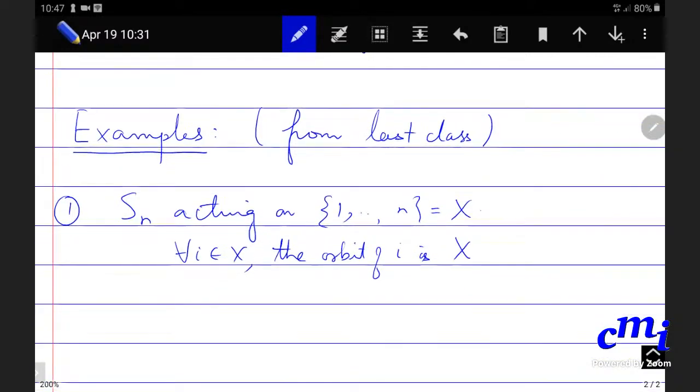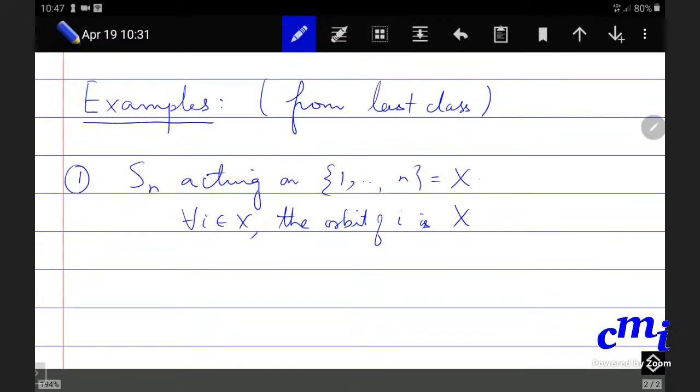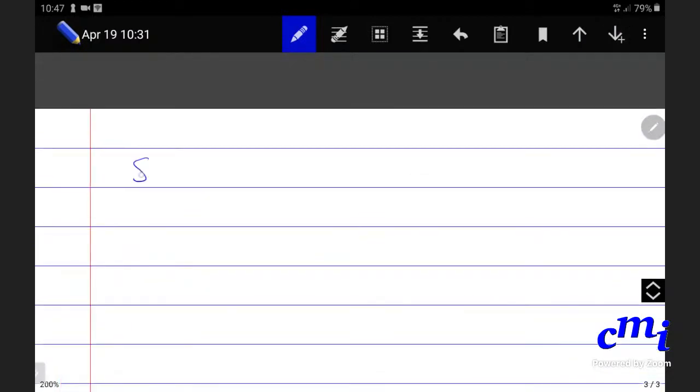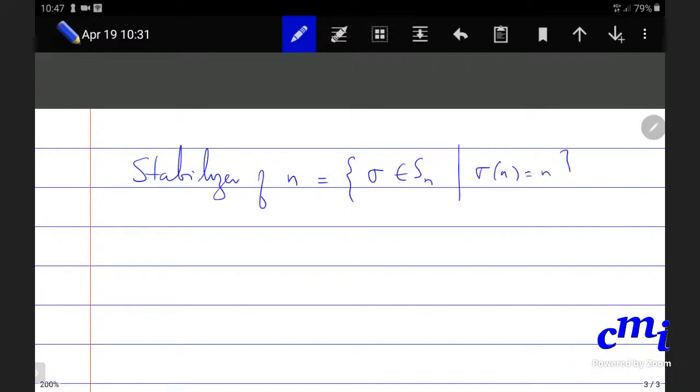What about the stabilizer? Let us look at the stabilizer for n, just because notationally it is a little easier. The stabilizer of n is the set of all permutations sigma in Sn such that sigma of n is n. That's the definition. In these places it is convenient to write sigma of n as opposed to phi sigma of n.